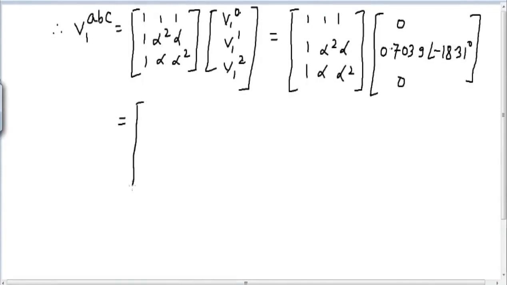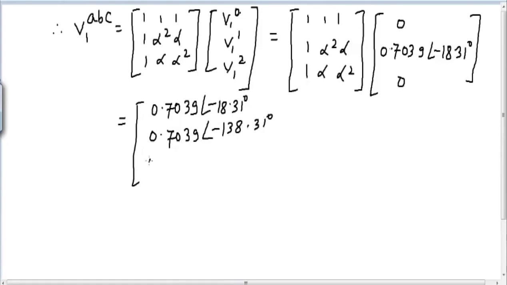Of course the first term will be the same, 0.7039 at an angle of minus 18.31 degrees. The second term will have the same magnitude, but there will be a change in the angle: minus 138.31 degrees. The third one is 0.7039 at an angle of 101.69 degrees.